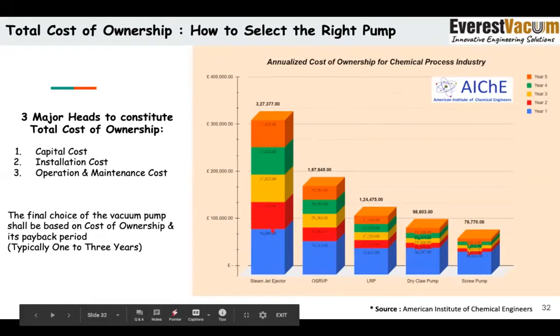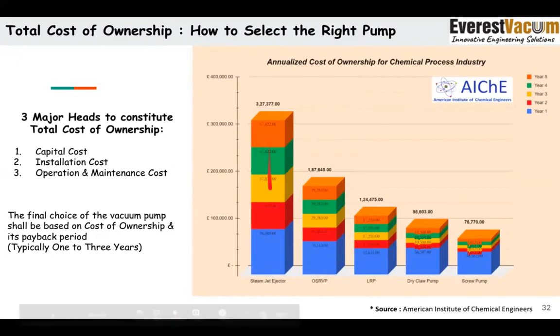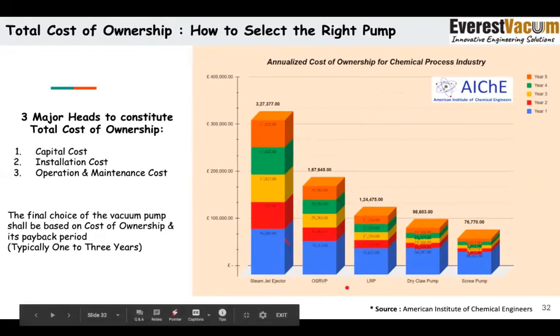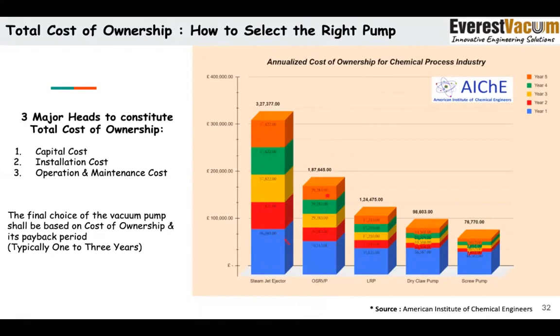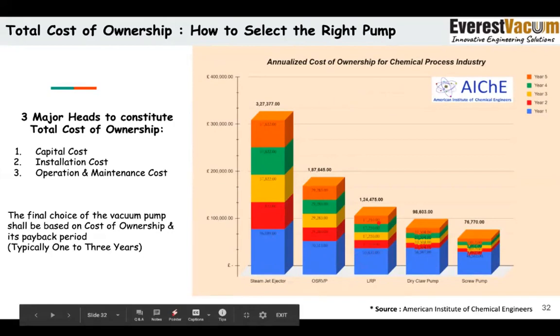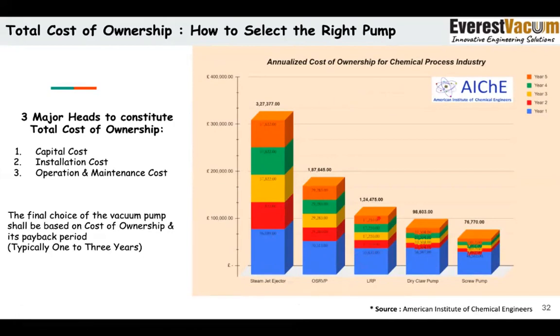So the first is the initial cost and then the operational cost. For a rotary vane vacuum pump, this is the cost that you anticipate. For a liquid ring vacuum pump, in this process, they have presumed that the evacuation they are doing is also of similar nature.